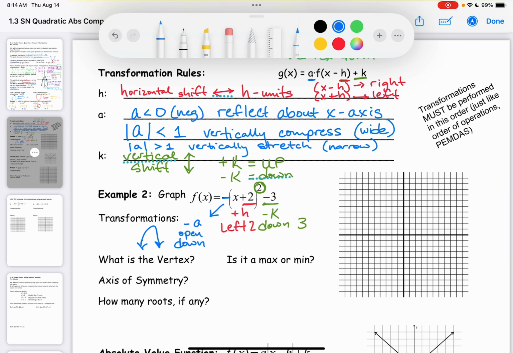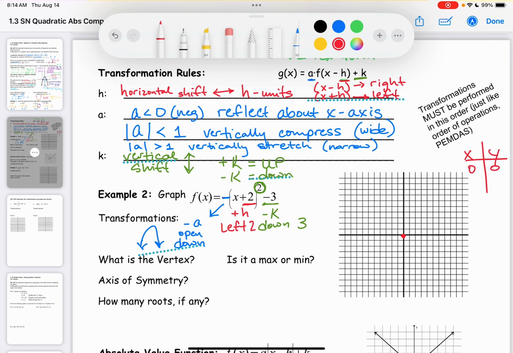All right, so now let's actually graph it. If you remember, the parent functions start at the origin, and if you're not sure, you can always make a little table and put some x's and y's and plug some things in.